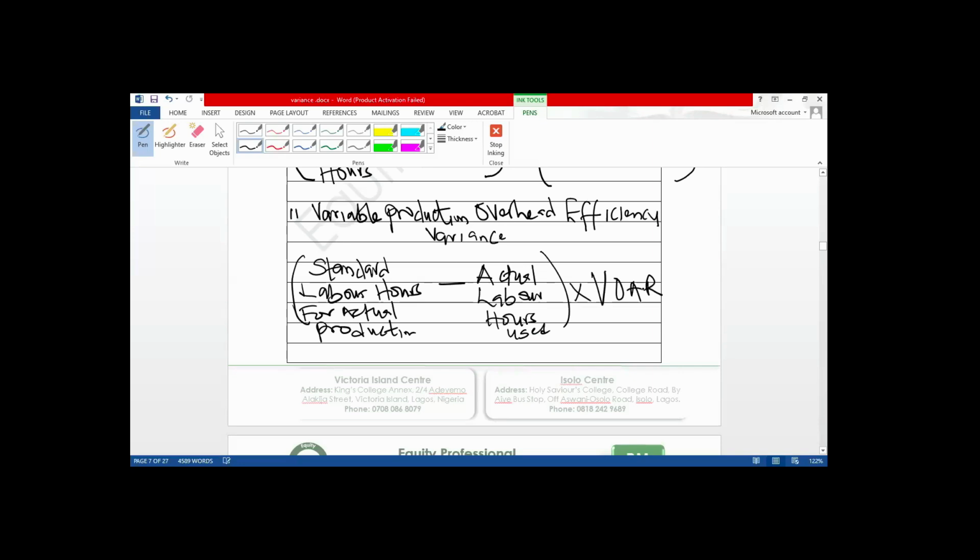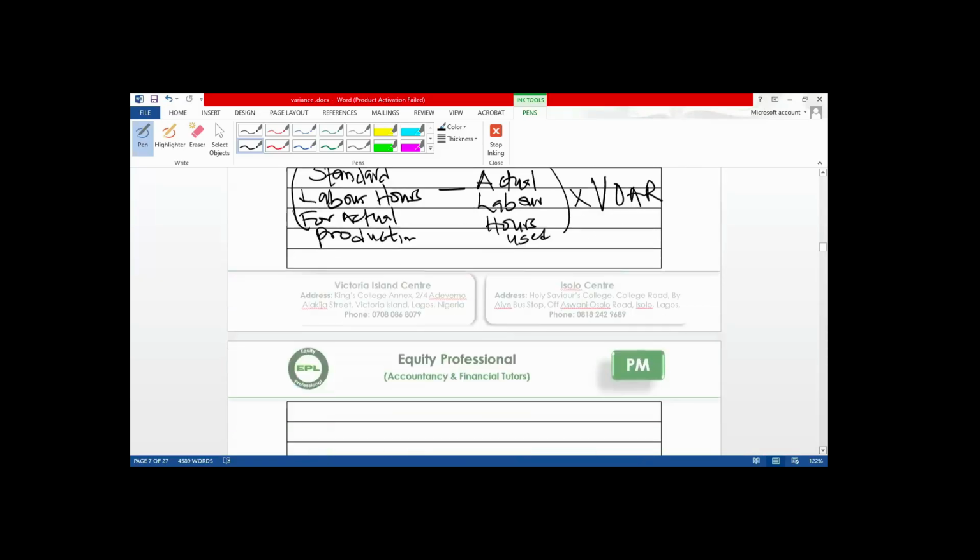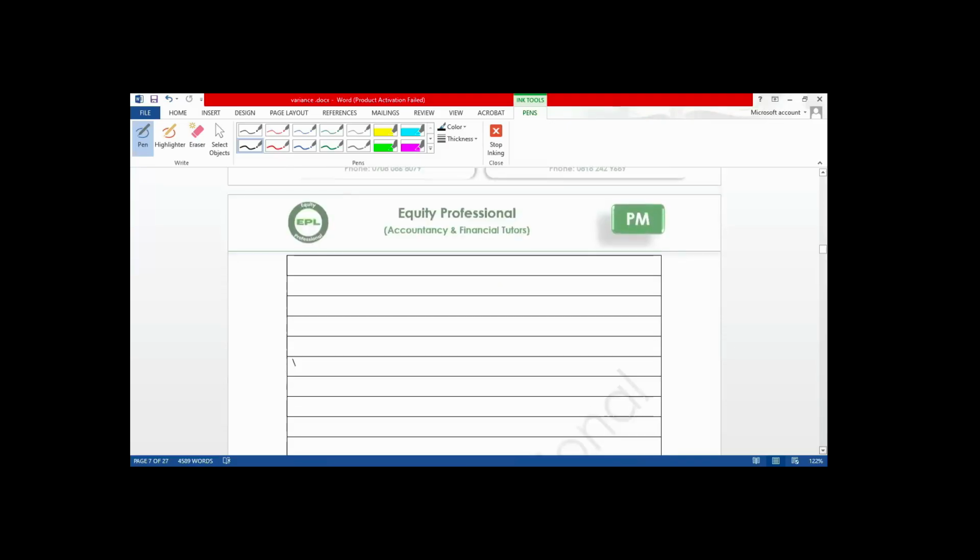Your variance can either be positive, that is favorable, or adverse. We are done with variable overhead.